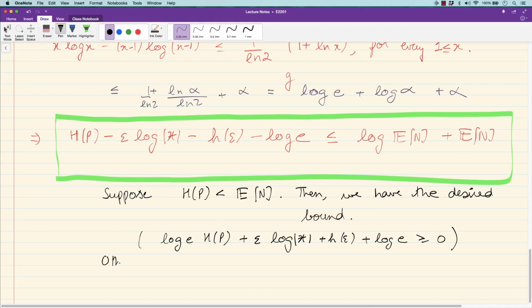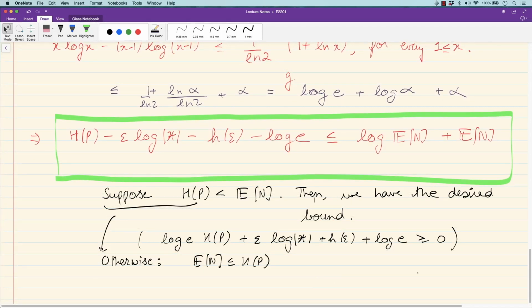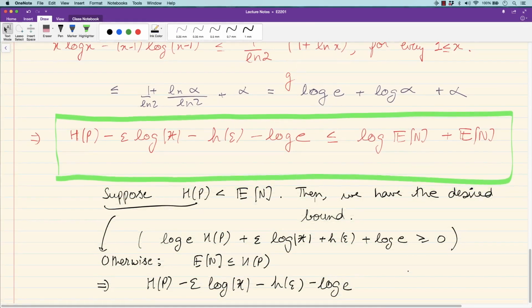But otherwise, if this doesn't hold, we have the expected value of n is less than H of P. If expected value of n is less than H of P, what we get is, we'll just put this part here, H of P minus epsilon log cardinality of X minus H of epsilon minus log e is less than or equal to log H of P, because expected value of n is less than H of P, I can substitute here, plus expected value of n.